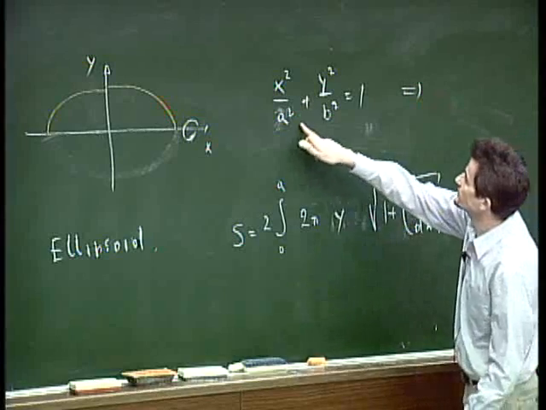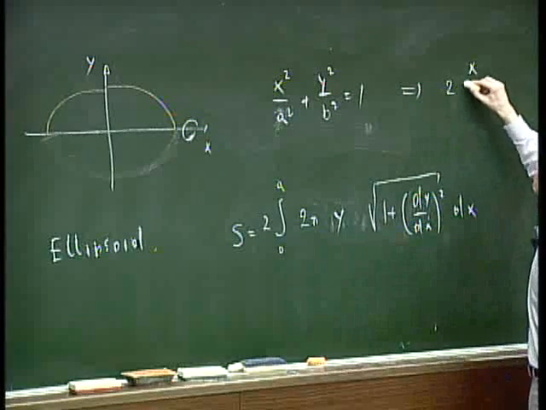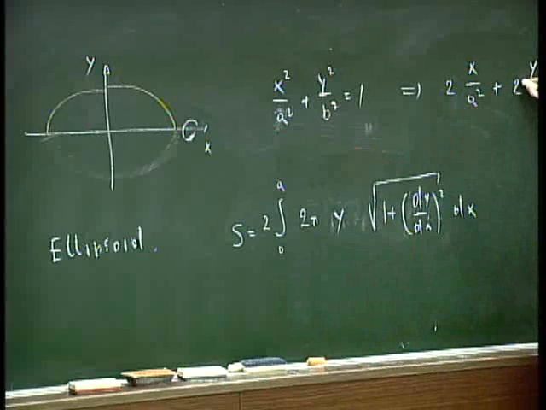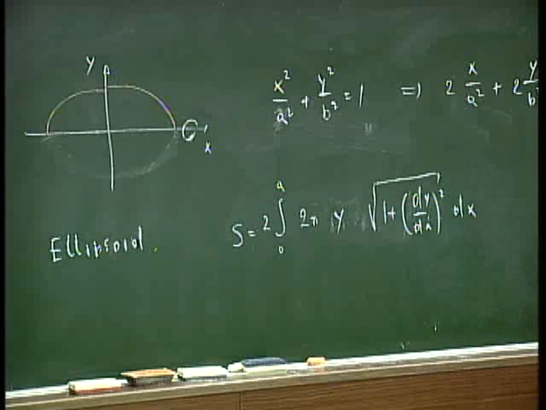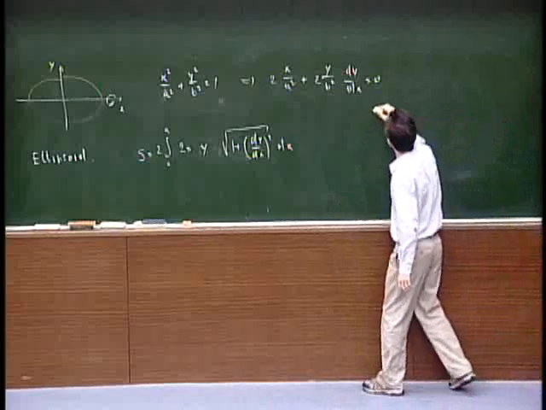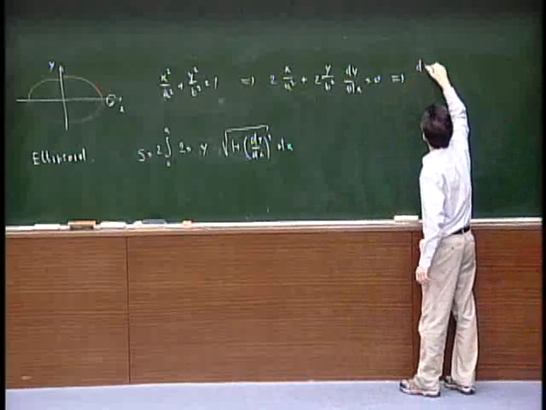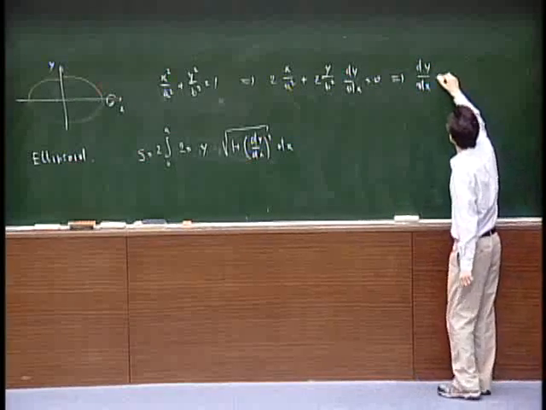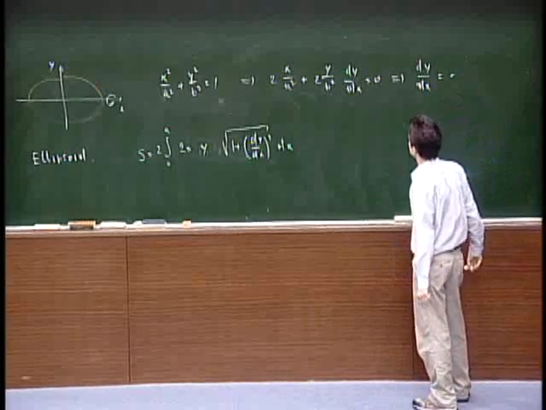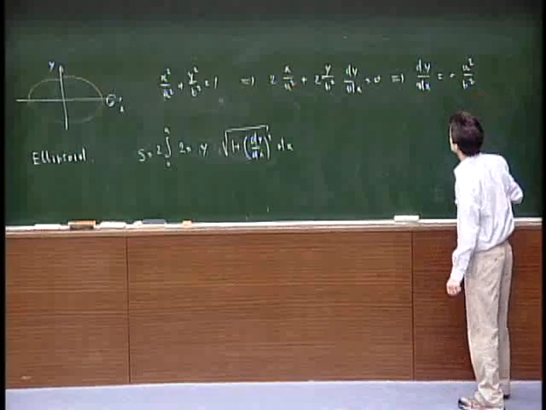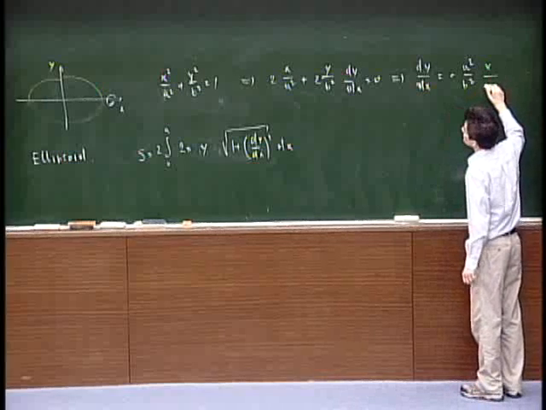So if we take the derivative here, what we have is 2x over a squared plus, now the derivative here is 2y over b squared, and then we have dy over dx is equal to 0. So we see that dy over dx will be equal to minus a squared over b squared, then x over y.